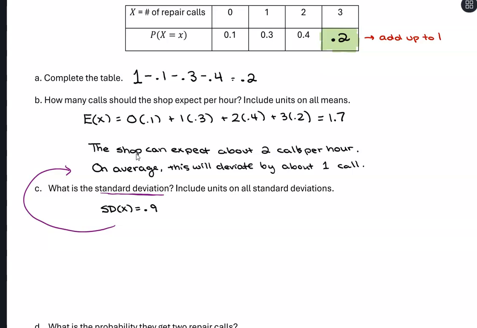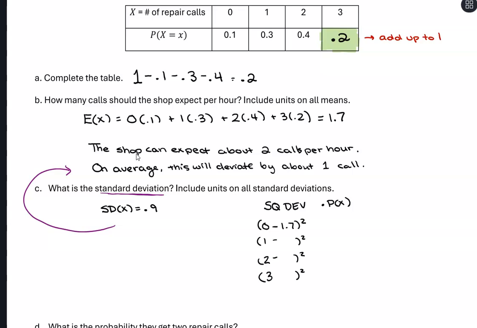I'll write down the setup of how you would calculate by hand just to show another example of that. So what we would do is I would make my table of the squared deviations and then multiply by their probabilities. So what that would look like is I would have my x value of 0, take away the mean and square it, and then I would do this for each of the cases where I go 0 calls, 1, 2, 3.